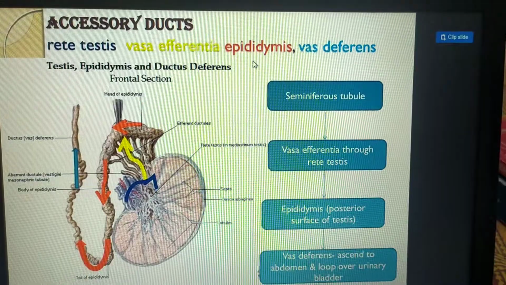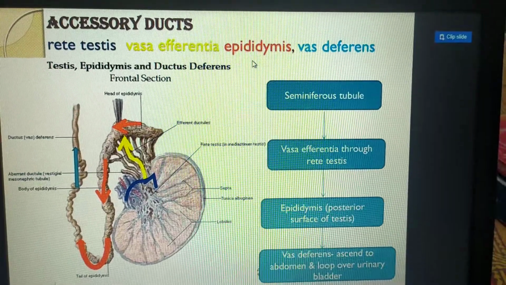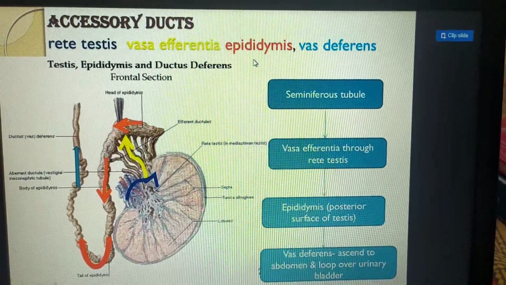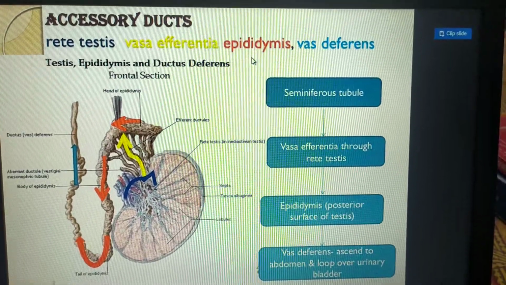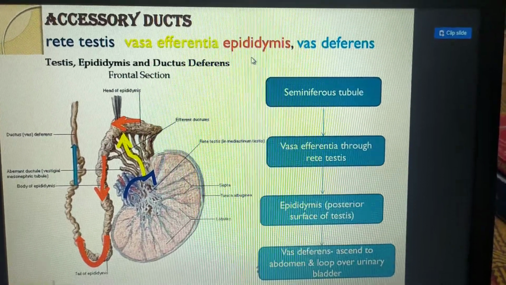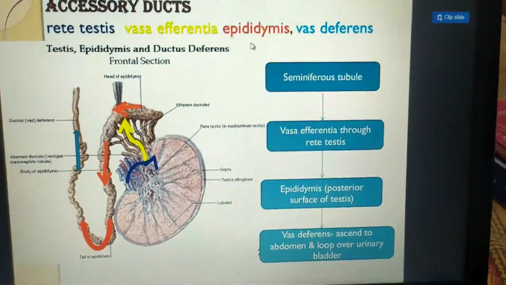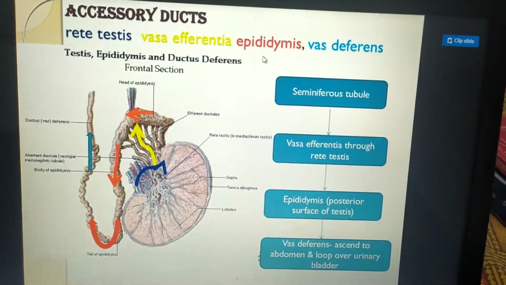Now, as we have seen about the seminiferous tubule, this is the pathway by which one structure opens into another. Here you can see the box-type pathway given.